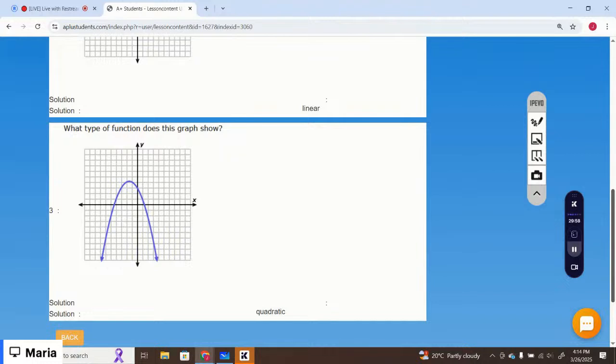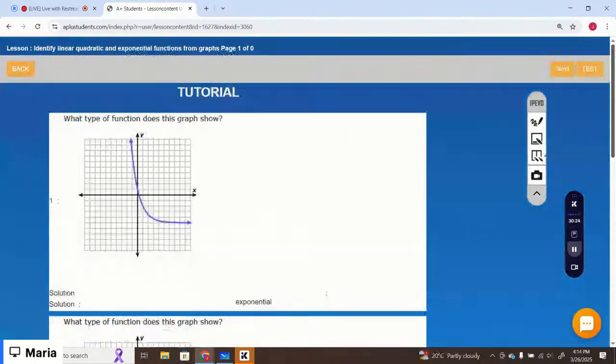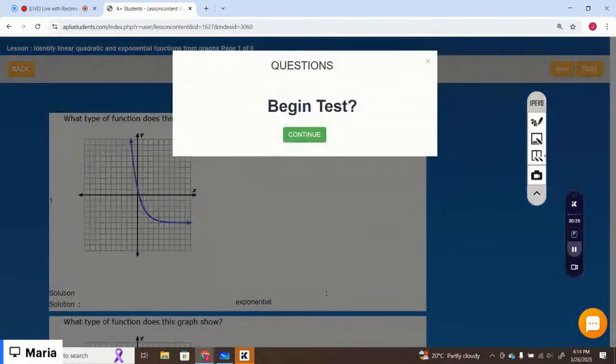What type of function does the graph show? That is the quadratic function. The graph that is in the form of a U is the quadratic function. Let's just start with the test questions.